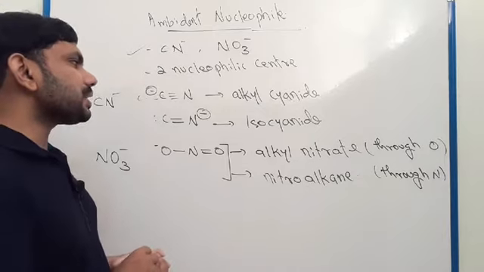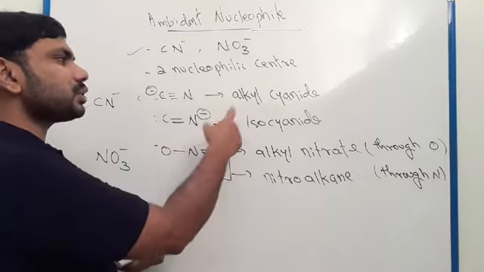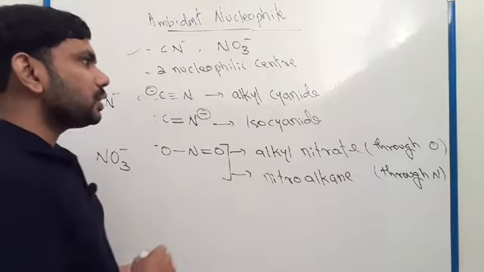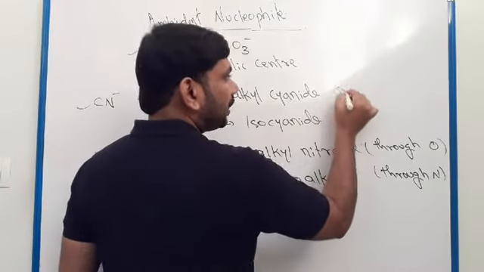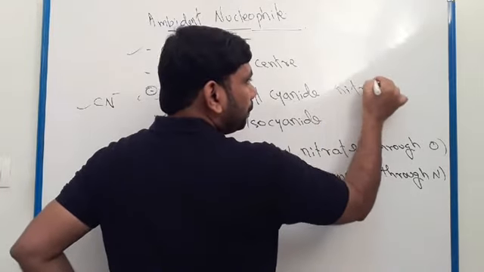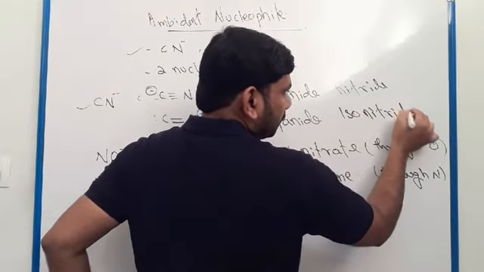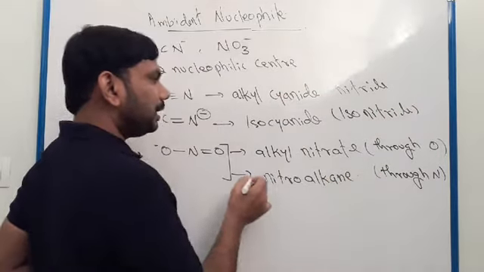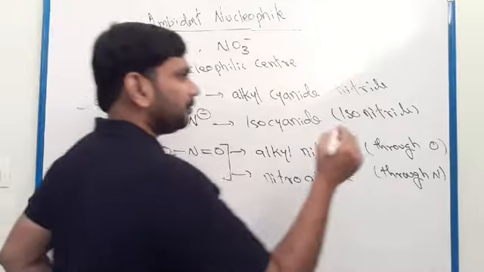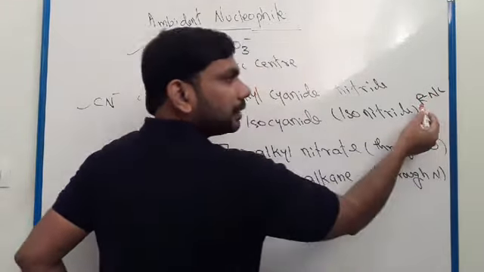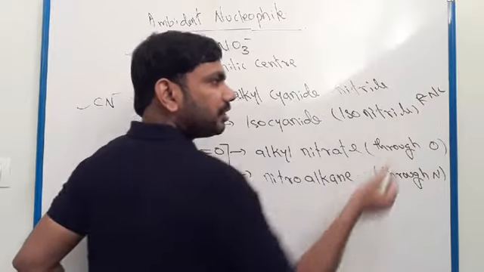RNC is isocyanide, and RCN is alkyl cyanide. We also say nitrile compound or isonitrile compound. Isonitrile means here RNC, as we discussed before, where the carbon atom makes a bond with the nitrogen atom.